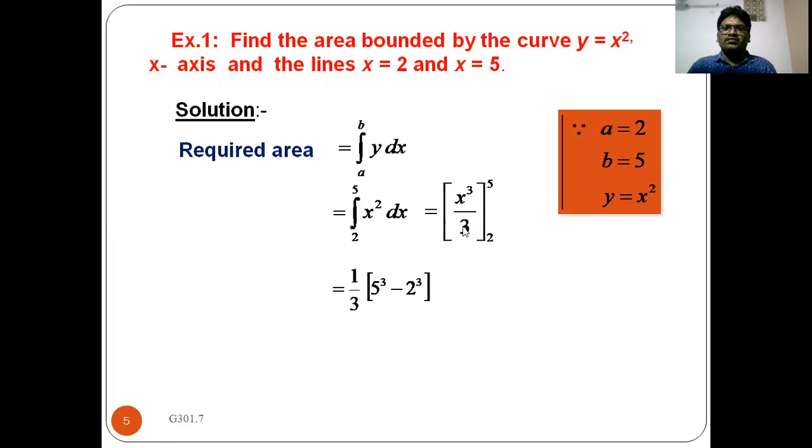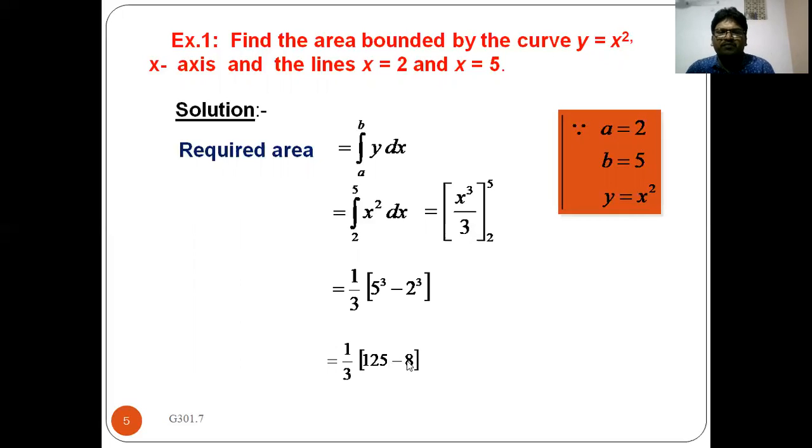See here, 1 by 3 is taken common. After substituting the upper limit we get 5 cube, minus, then after substituting the lower limit, x is replaced by 2, we get 2 cube. You already know 5 cube is 125 and 2 cube is 8.